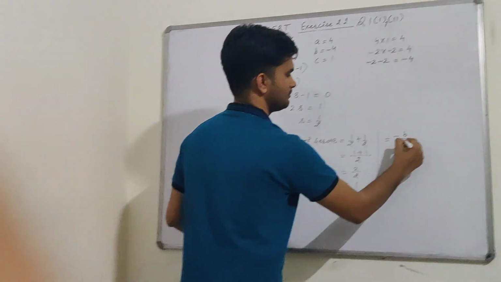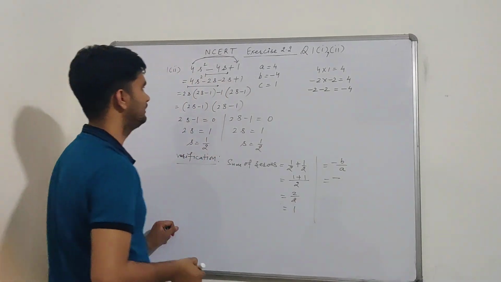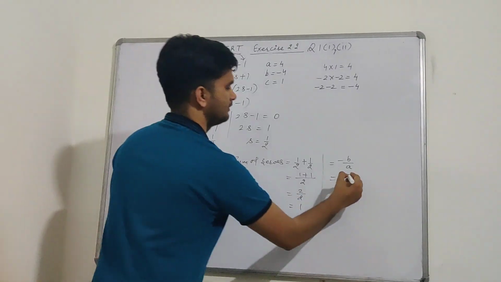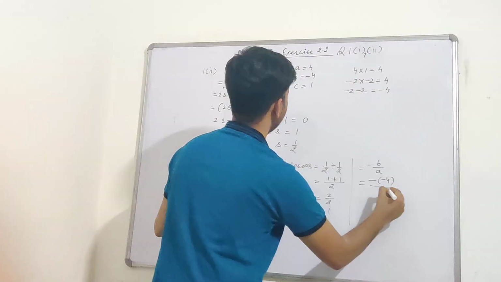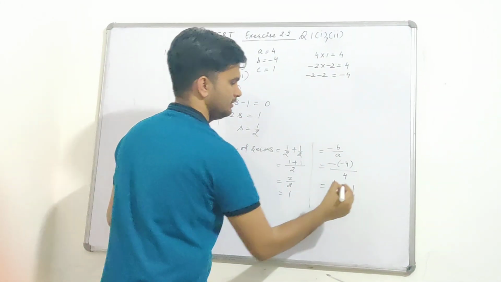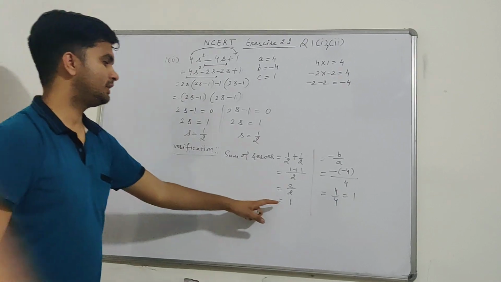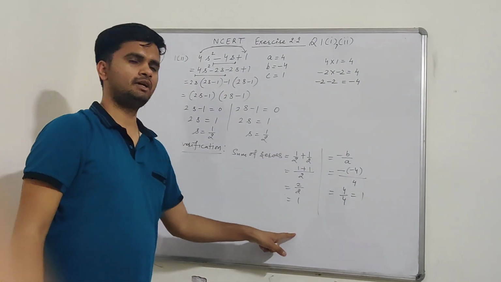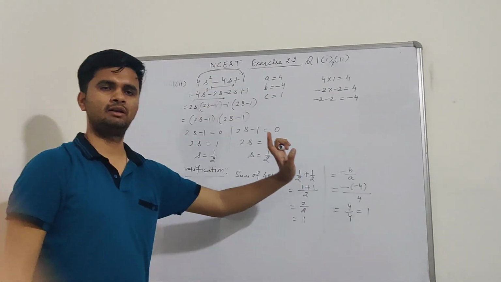And sum of zeros is minus b over a. What is b here? Minus 4, a is 4, so 4 by 4 is equal to 1. So here sum of zeros is verified, 1 and 1.